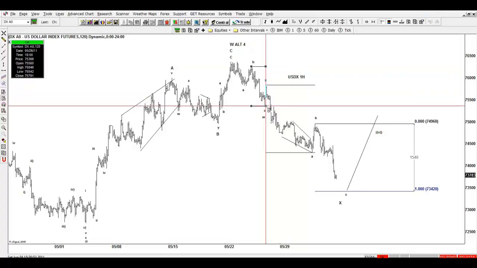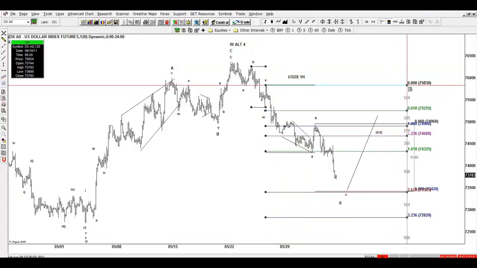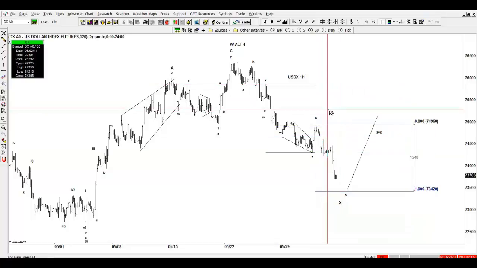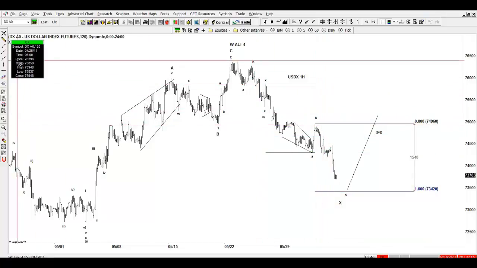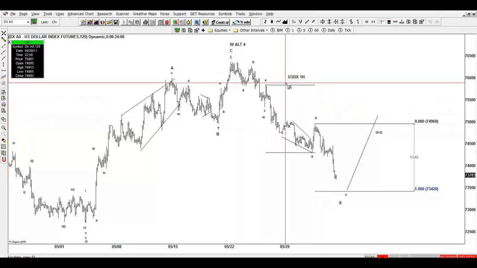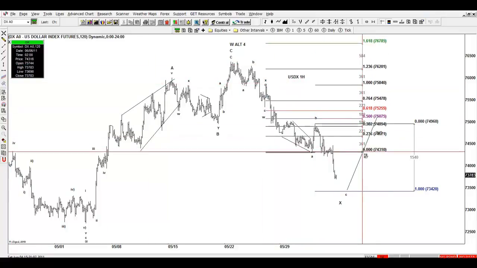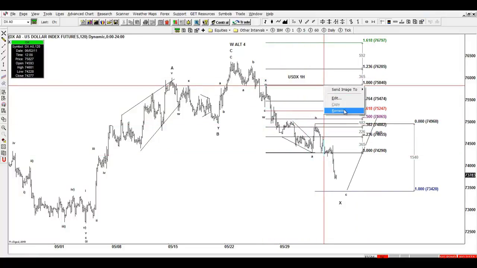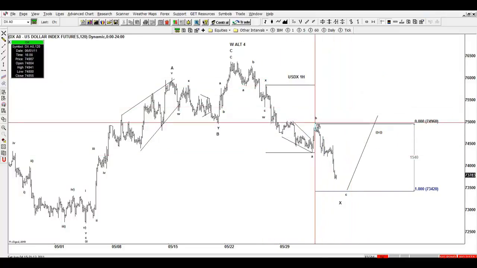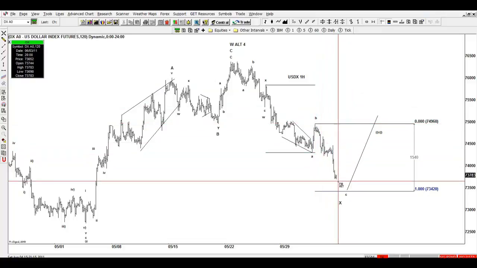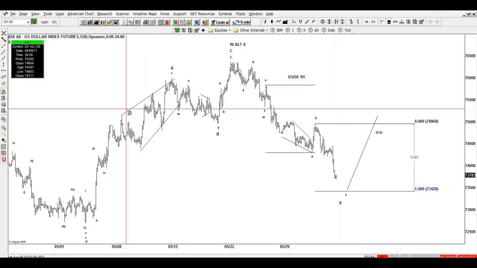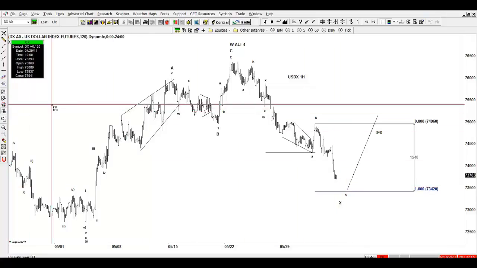If we take the Fibos here, notice that this low right here is the 618 of this extension right here, and this high right here, you guys are going to see, is the 380.2 of this move right here. This is telling me that this can be the wave 5 of wave 3 that is taking place right now.